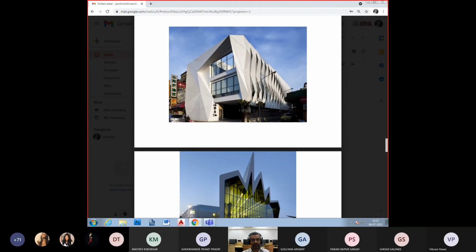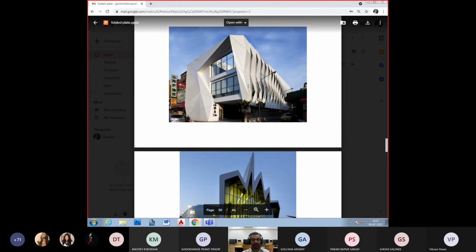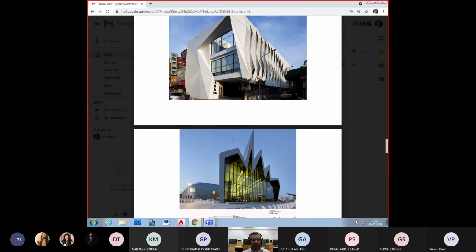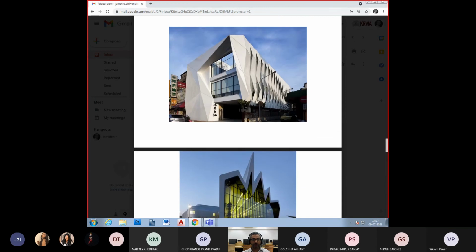Another example of a structure, a folded plate frame, with the idea of the parametric. Both this and the project below by Zaadi use the idea of folded plates in undulating forms, using the rigid frame as well as the idea of parametrics to be able to create those kinds of openings.